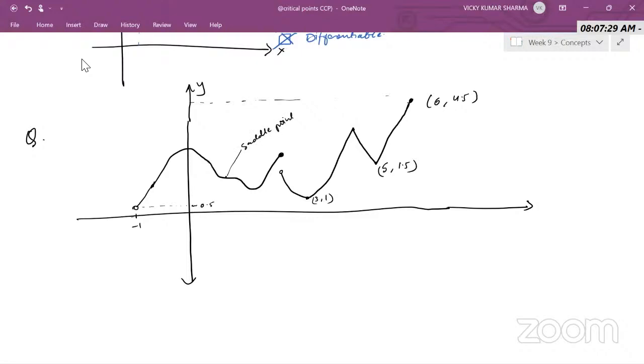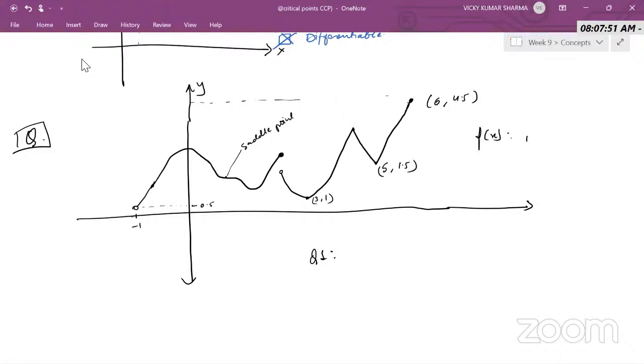Now I have some questions over here. Maybe I can write Q1 here: how many critical points are there from -1 to how many? So you can understand from here, what is the domain for this particular function? If this is my function f of x, what is the domain?